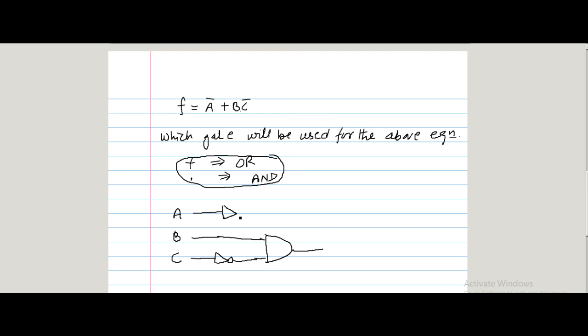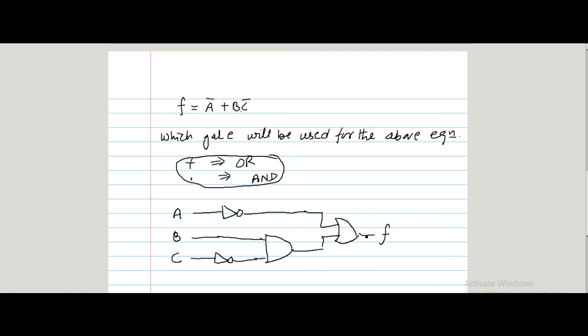So this is the logic diagram for the above equation, or above expression. You can draw the logic diagram like that. Again, for further explanation, here is A, it will be inverted and become A complement.